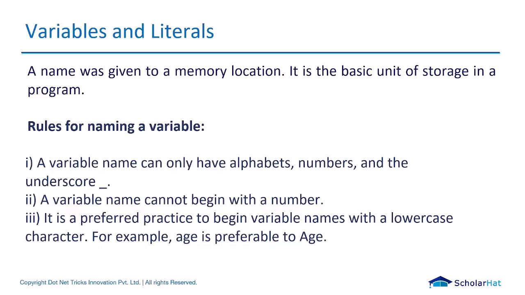And you cannot give a space while naming a variable. Suppose you are writing age name as a variable name, you cannot give age then space name. You have to write either with underscore or camel case.